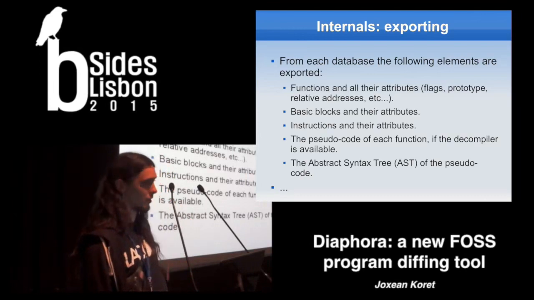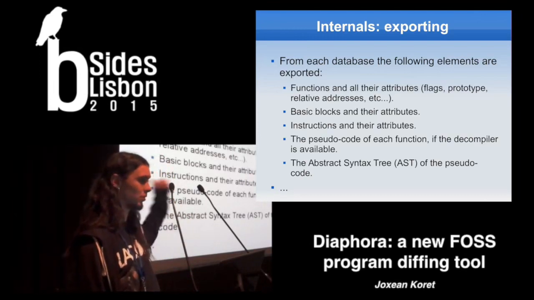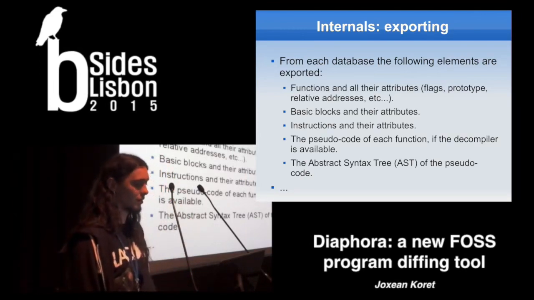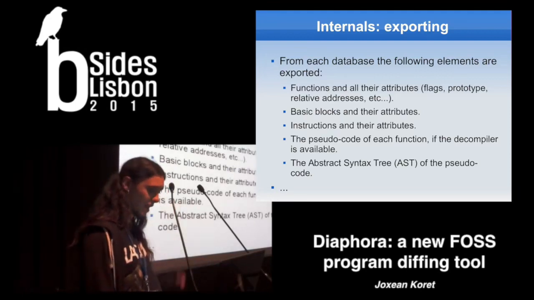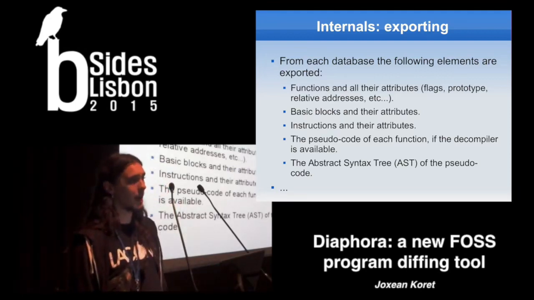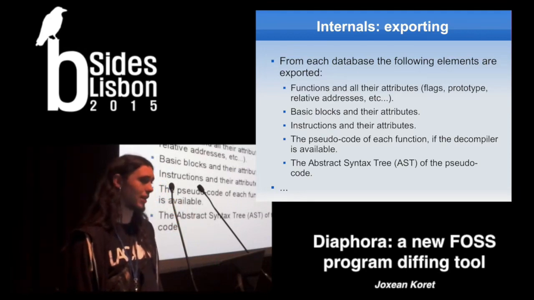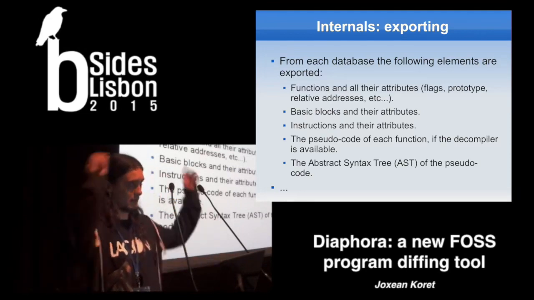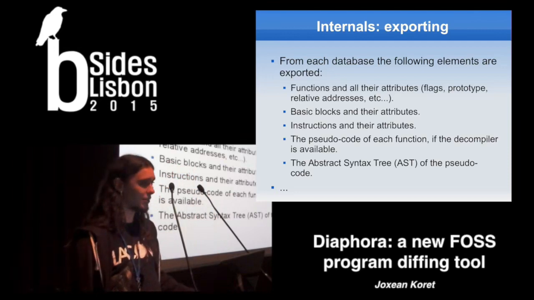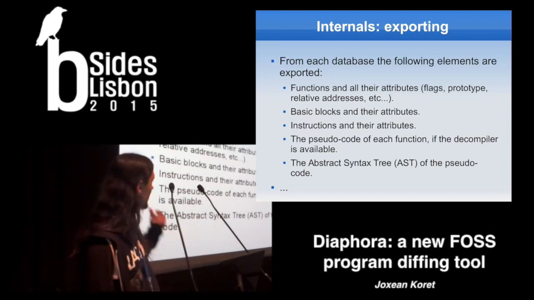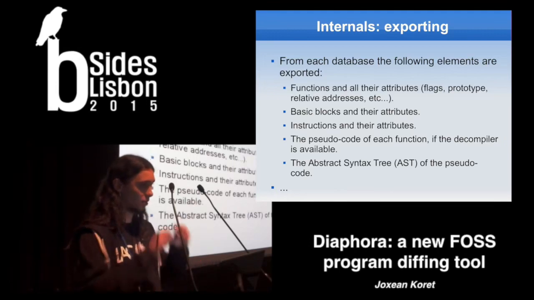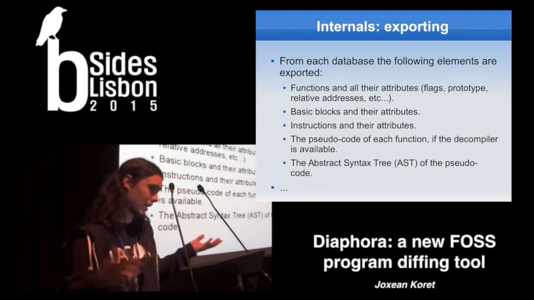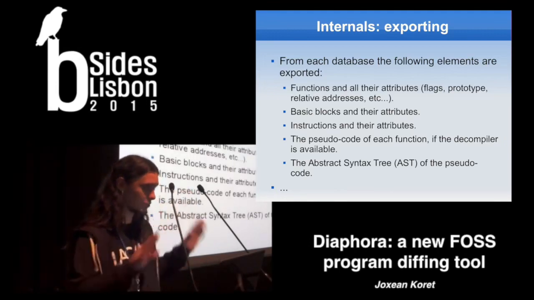Also, all the related information for the basic blocks, all the related information for the instructions, the pseudocodes, the decompiled code of each function, also the abstract syntax tree, the AST, of each function's pseudocode. The abstract syntax tree is a structure that explains how the code from a language is expressed.